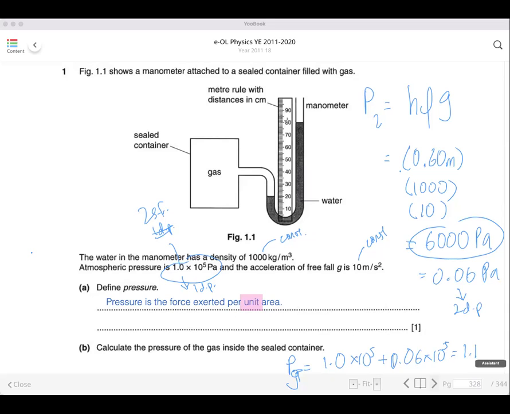You will get 1.1 times 10 to the power of 5 Pascal to 2 significant figures. Understand? But for this question, if you give 1.06, I don't think you'll get penalized. So if you give 1.06 or 1.1, both should be okay.